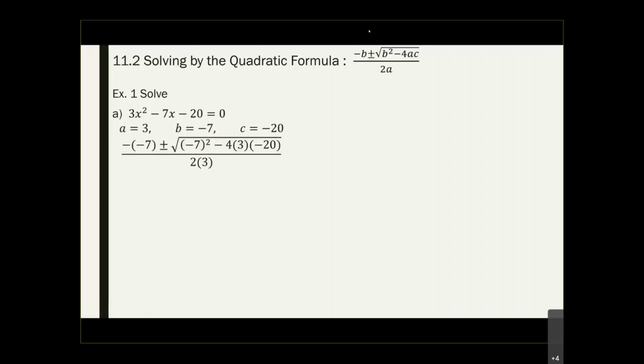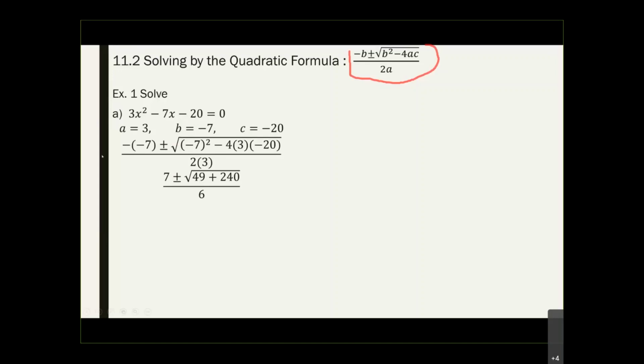Now all I need to do is plug it in. The formula is up here; I wrote it on every page for you to see: -b, which is negative of a -7, plus or minus the square root of b squared minus 4ac, all over 2a. A negative and a negative give a positive, which is +7. 7 times 7 gives 49.